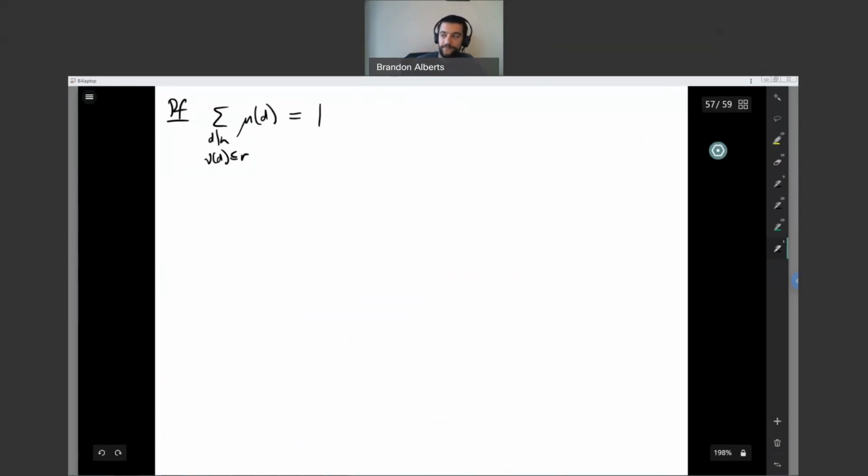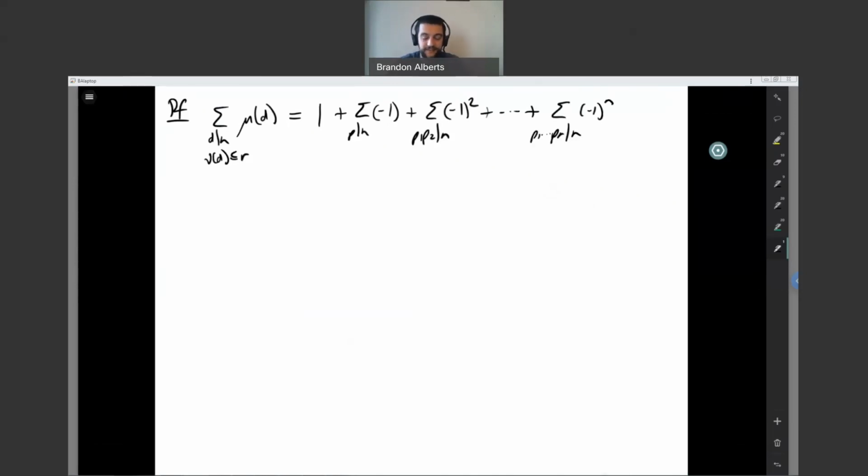Well, 1 has no prime factors, so that certainly shows up. The primes have 1 prime factor. The Mobius function of a prime is equal to -1. We could have numbers with 2 prime factors. That's -1 squared. Plus ... plus the number of ways to pick r prime factors of n.